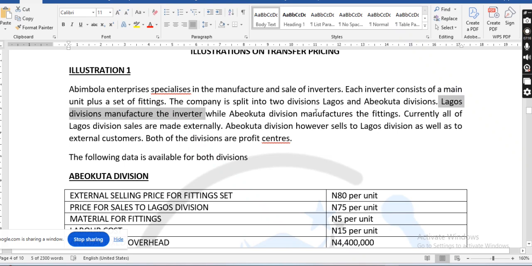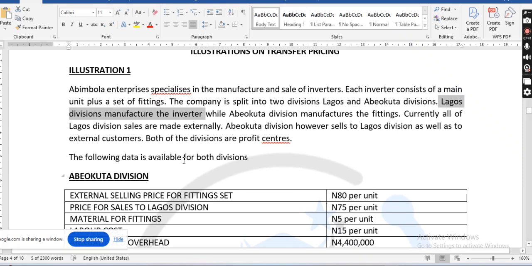Lagos will manufacture the inverter, while Abeokuta will manufacture the fittings, which means that when they want to produce the inverter, Abeokuta will provide the components, the fittings that Lagos will use in manufacturing the inverter.